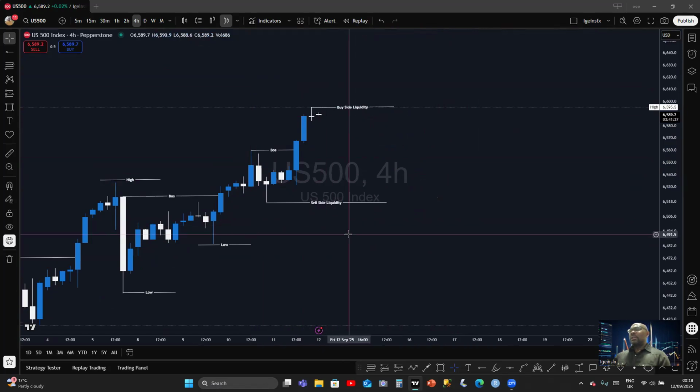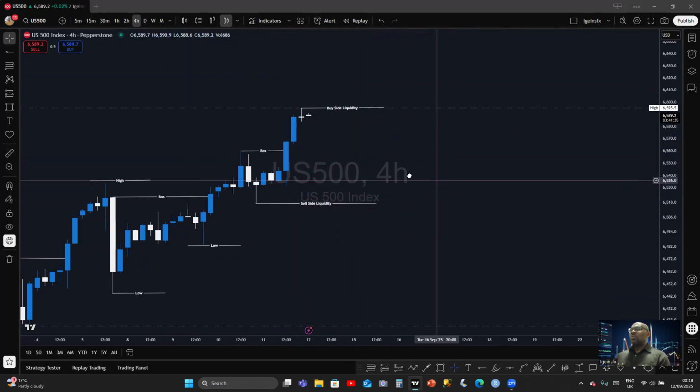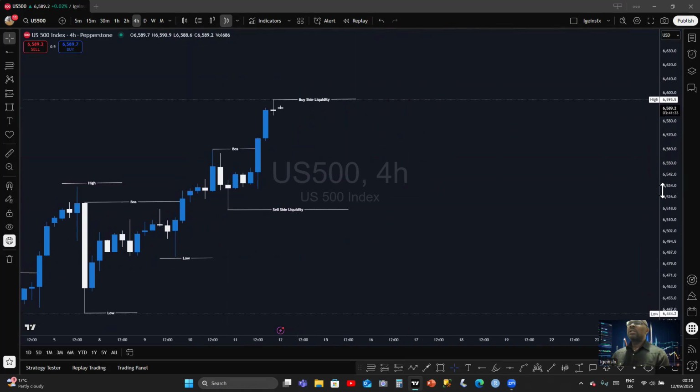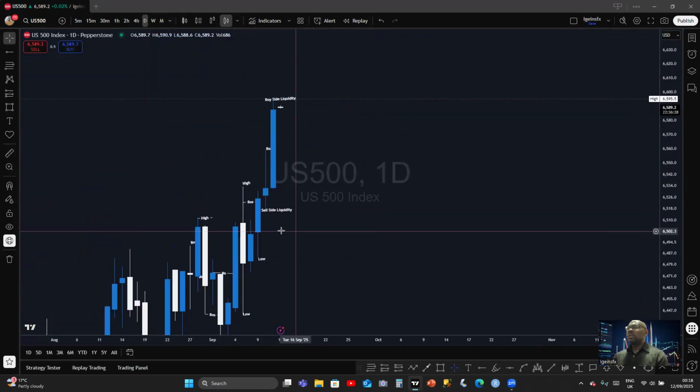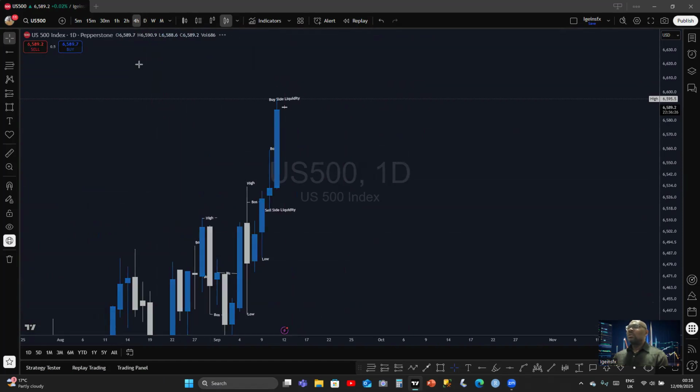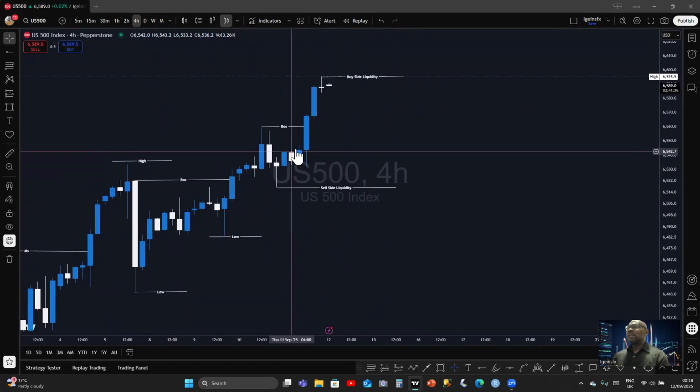Okay. Now, as we can see this one, this is on 4 hours, then we now know that, okay, what is going on here? We see, okay, this is the last candle here. This is the last candle.